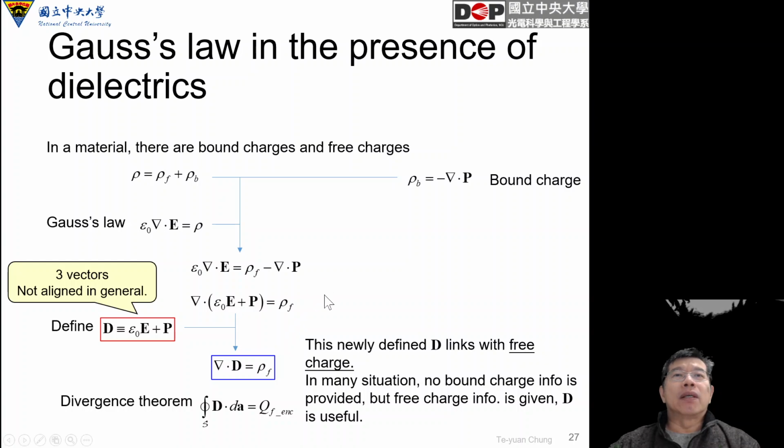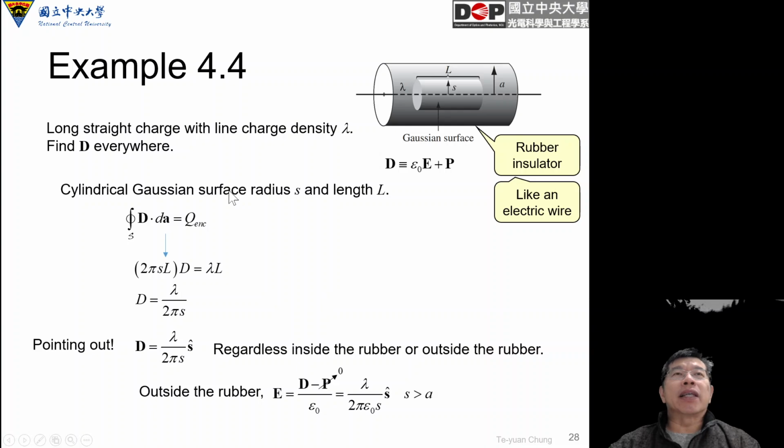Okay, let's take a look at example 4.4 here. Consider a long straight line charge with a line charge density lambda. Since we have a taste for using the Gauss law, we choose a similar Gaussian surface like we did before.